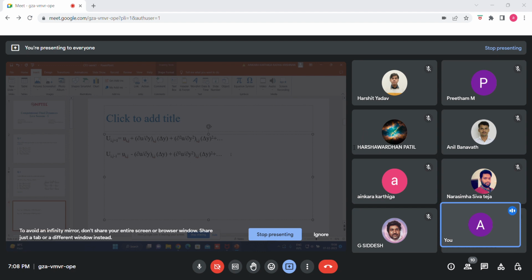So if we add these two equations, equation 1 and equation 2, what we'll be getting is 2 times this one is equal to u(i, j+1).